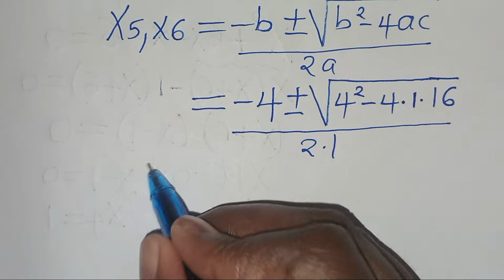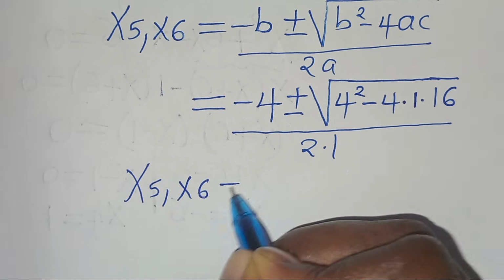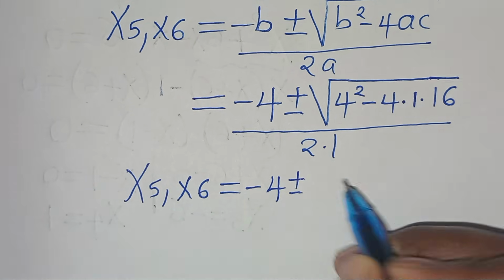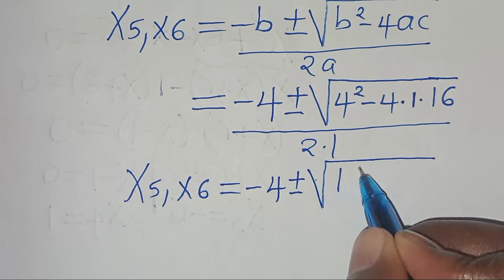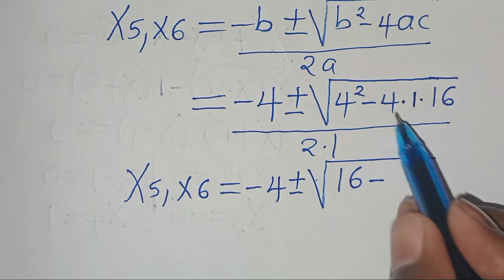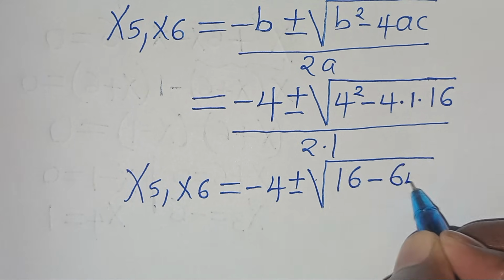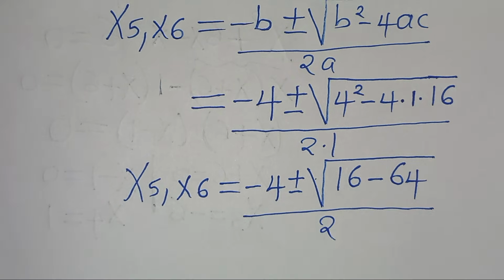The next step is that we have x5, x6. This is equal to minus 4 plus or minus the square root of 4 squared, this is 16, subtract 4 times 16, this is minus 64. Everything here divided by 2.